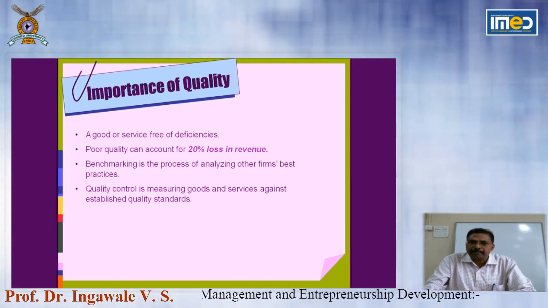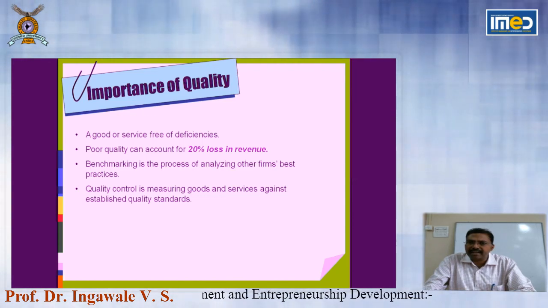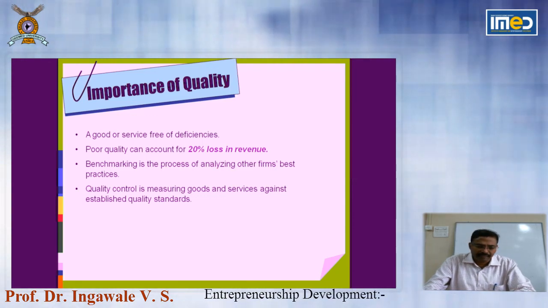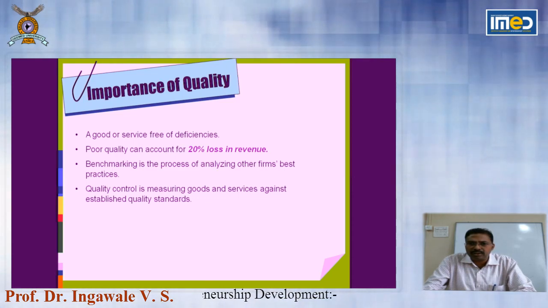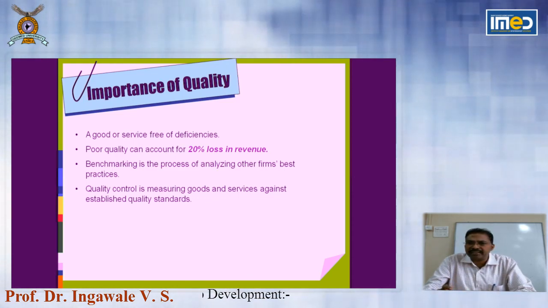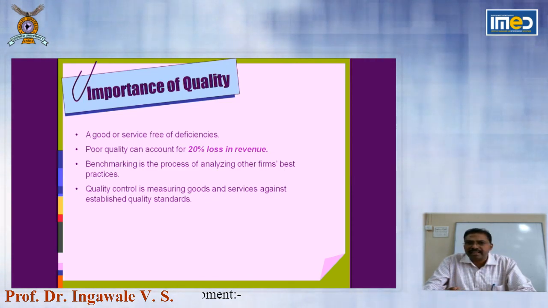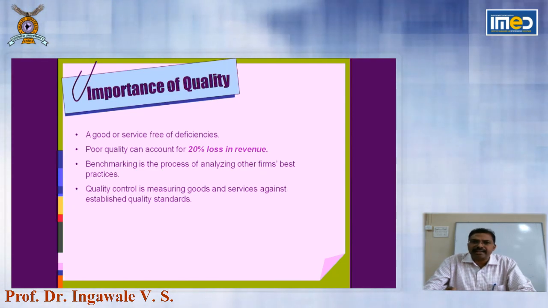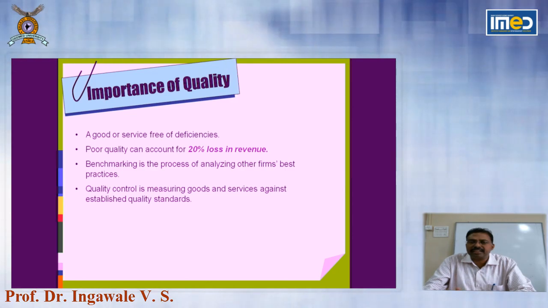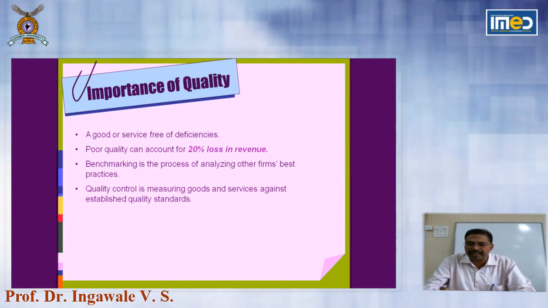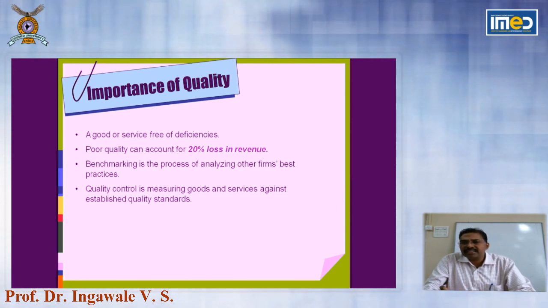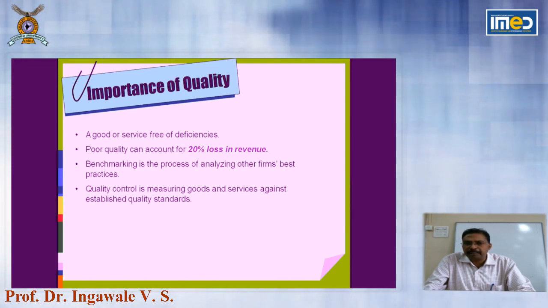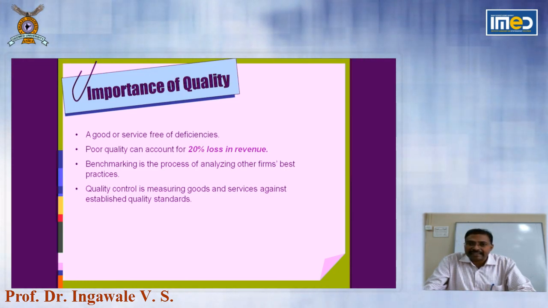Then next, benchmarking is the process of analyzing other firms' best practices. Then quality control is measuring goods and services against established quality standards. And in quality control you may utilize statistical quality control techniques, that is, use of various charts: P chart, NP chart, mean chart, range chart, etc.